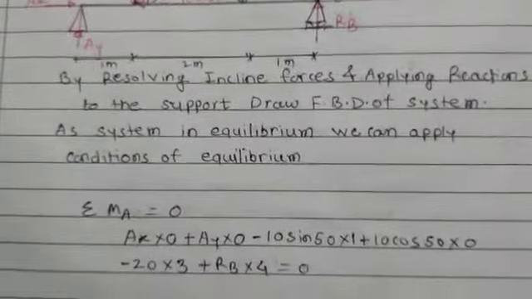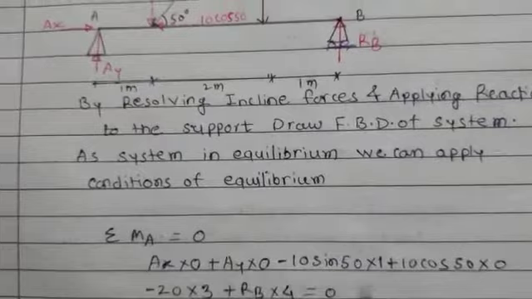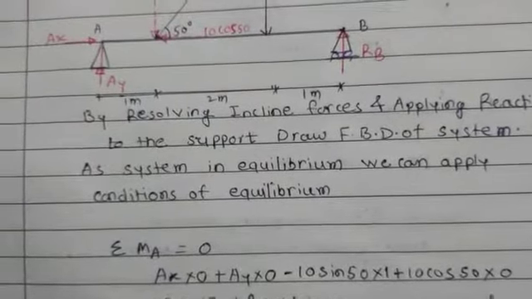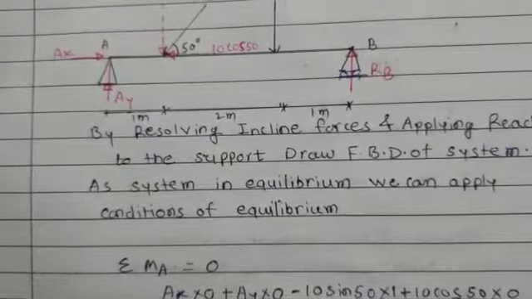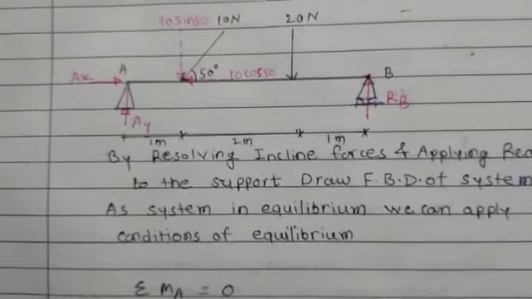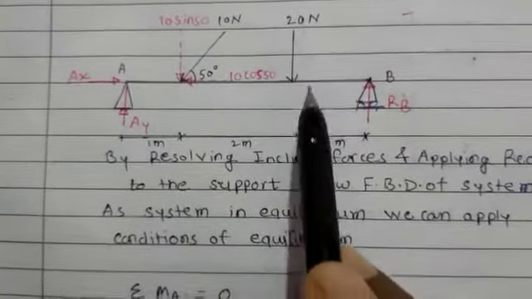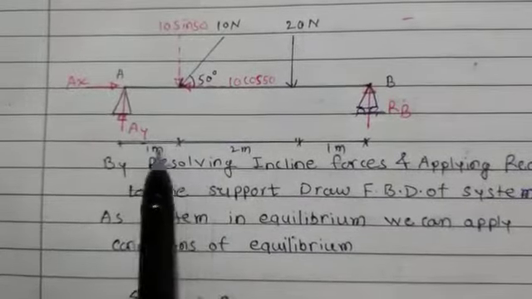Here we have shown AX into 0, AY into 0 and also 10 cos 50 into 0, and the remaining forces are 10 sin 50 into distance 1 meter and the 20 Newton force into distance 3 meter.